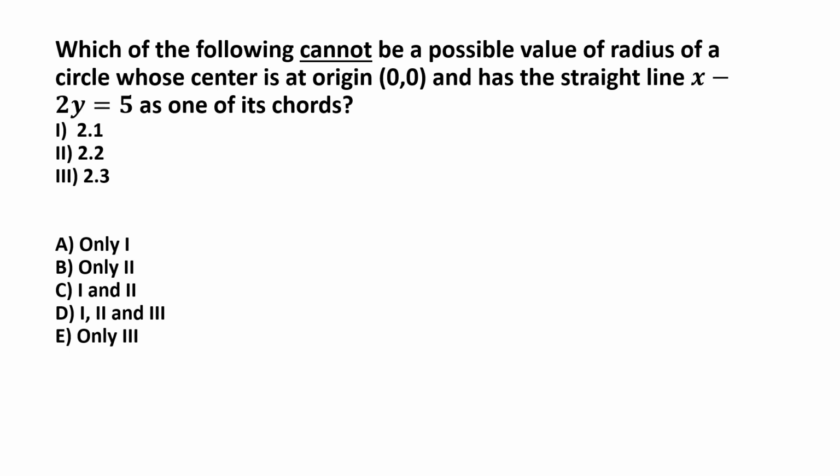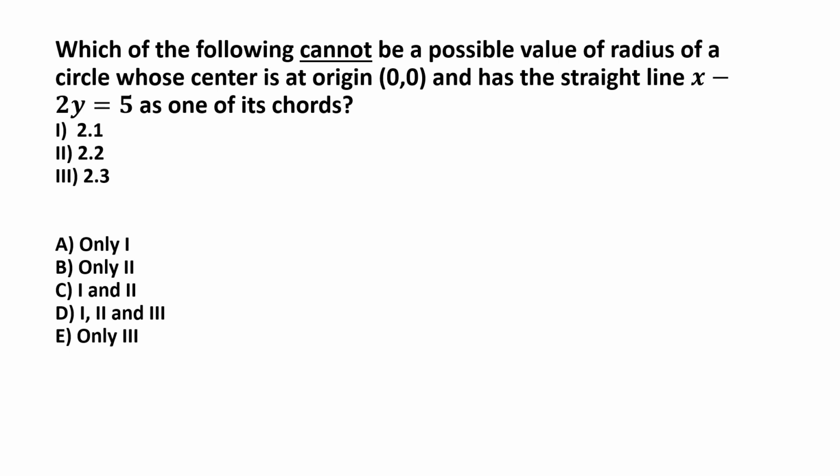We're given three values which are kind of close: 2.1, 2.2, 2.3, and we have to select from options A through E the one that's correct, meaning that there may be one or more than one of those values, given in 1, 2, and 3, which cannot be a possible value of the radius of the circle.